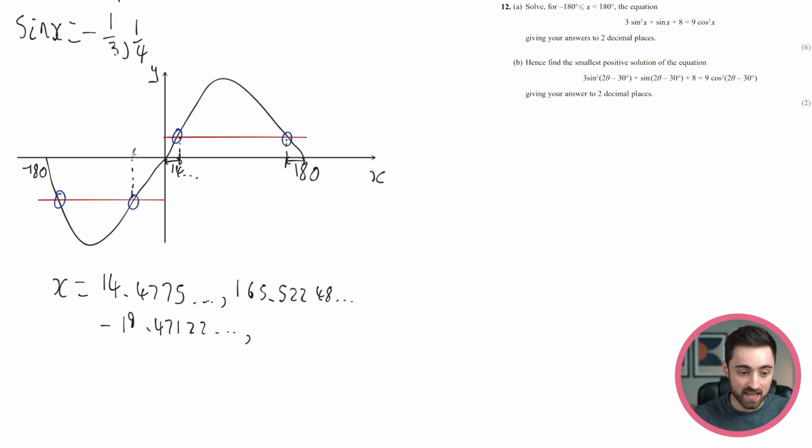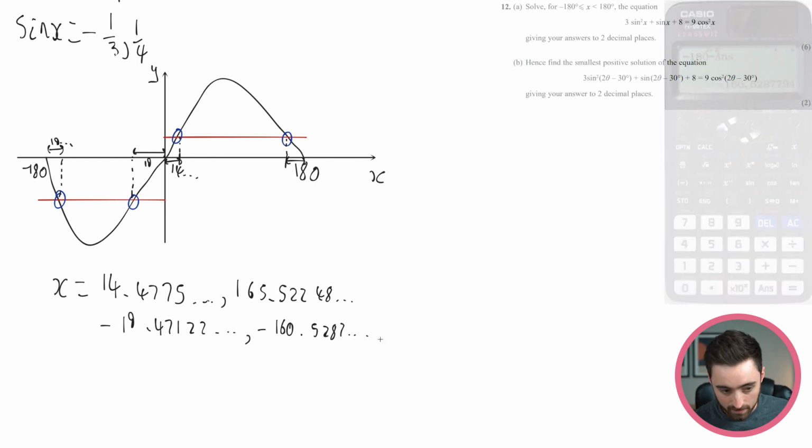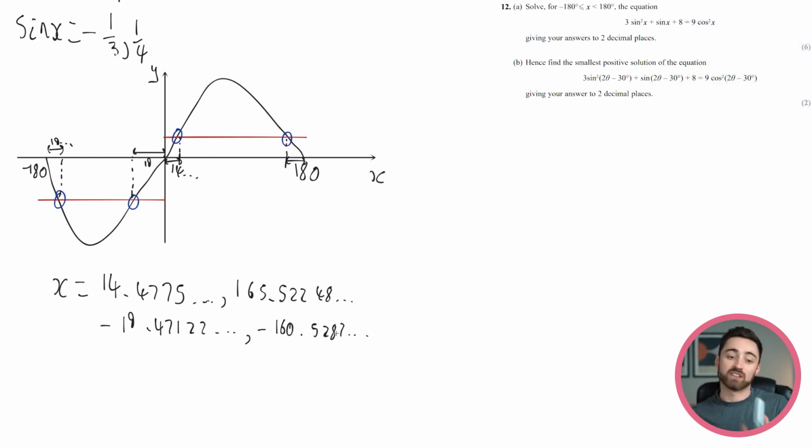If this distance here is that 19 value, then this distance here is going to be that 19 value again. So if I just do minus 180 minus answer, that is going to get me my last solution, which is going to be minus 160.5287... Okay, now it says 2 decimal places, so I'm now going to round them to 2 decimal places.